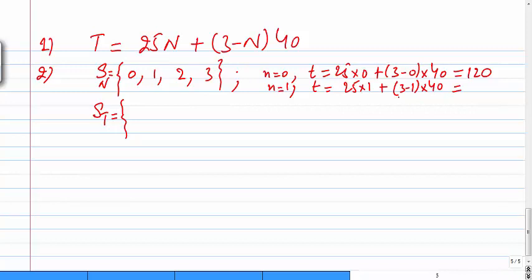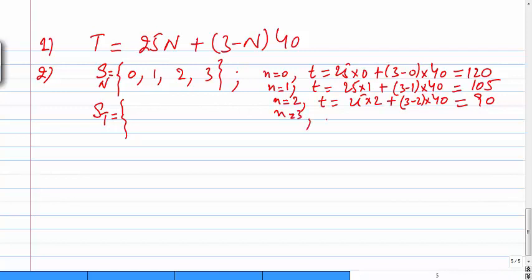So when we do that, this becomes 25 plus this becomes 80, so it becomes 105. When n is equal to 2, t becomes 25 into 2 plus 3 minus 2 times 40, so it becomes 50 plus 40, it becomes 90.